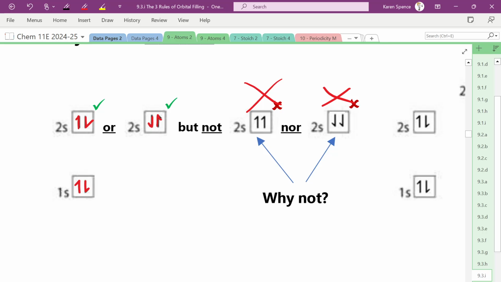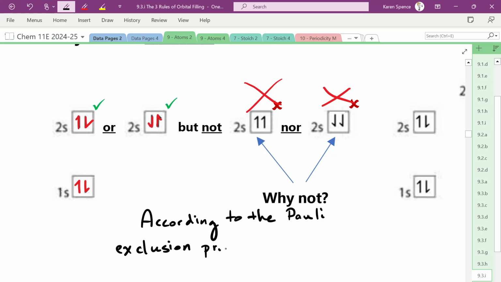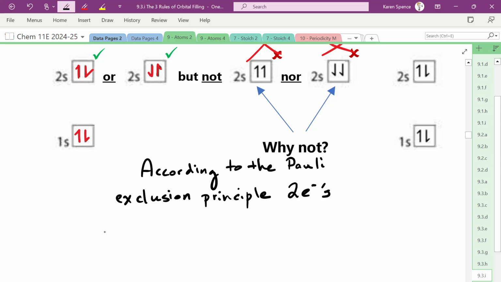Yes, because according to the Pauli exclusion principle, 2 electrons in the same orbital, finish that sentence for your neighbor.